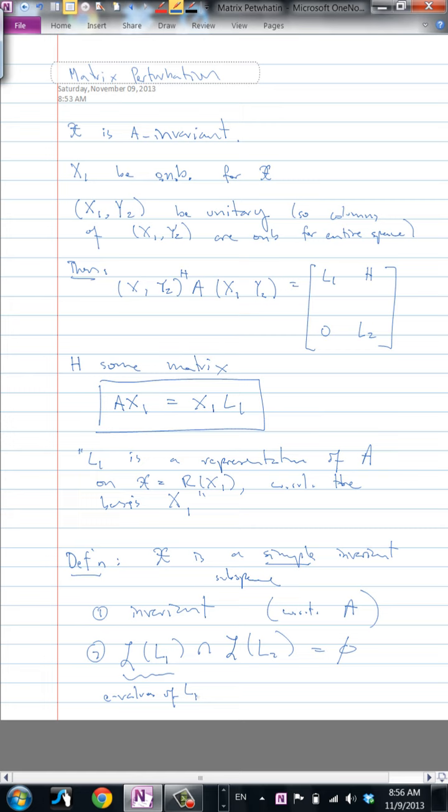This motivated the following definition of an operator that is going to be extremely useful for us when we talk about our matrix perturbation theorems. It's essentially going to be a way for us to measure the distance between L1 and L2.